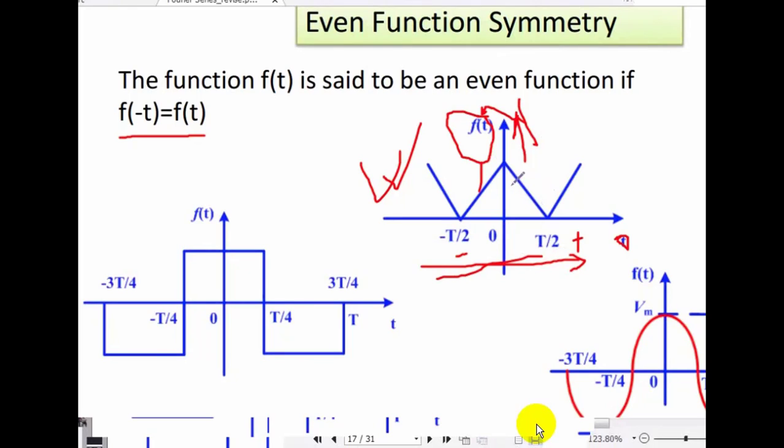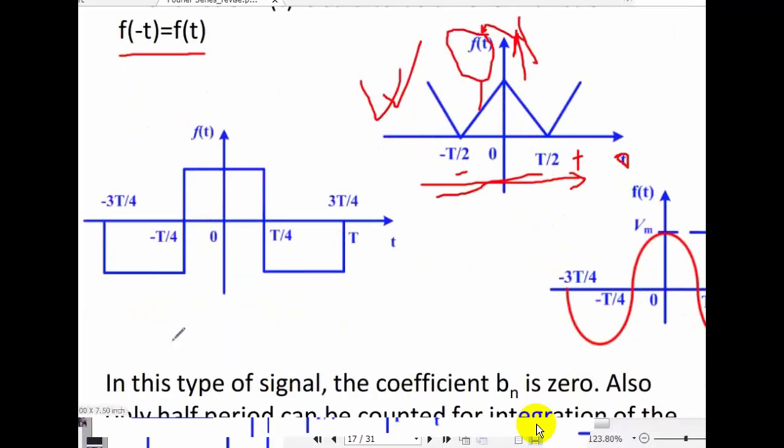If you see any signal of this type, all positive, you can automatically predict this is an even function symmetry, right? But the problem arises if you have the negative amplitude. In this case, you cannot predict. You have to find it so that you can see whether this signal is even or odd.